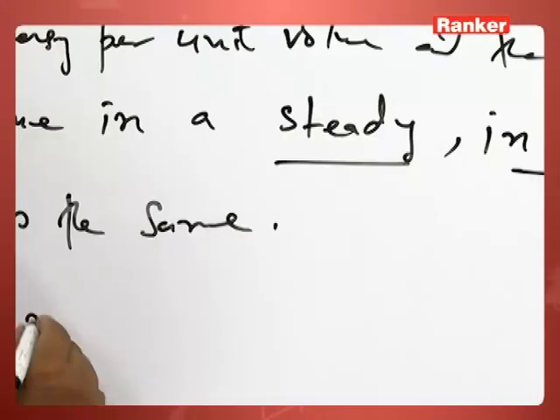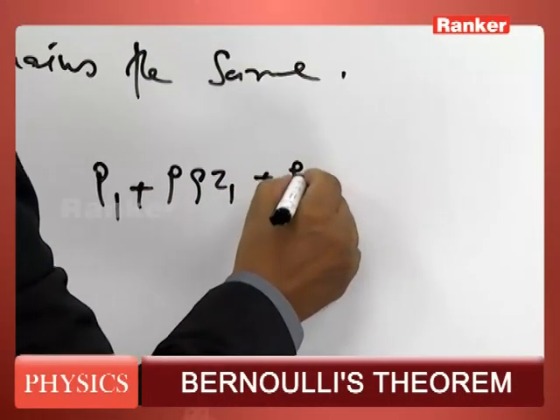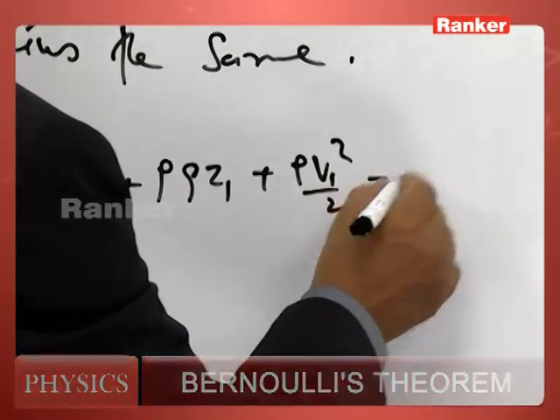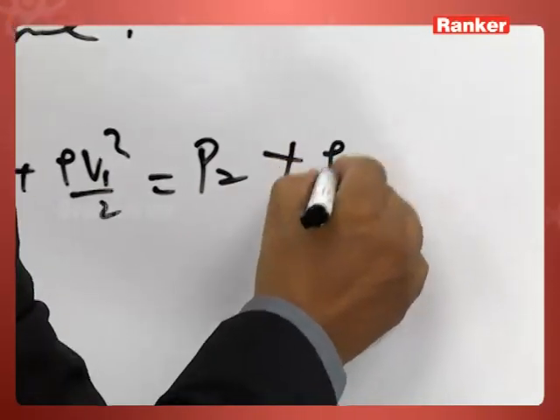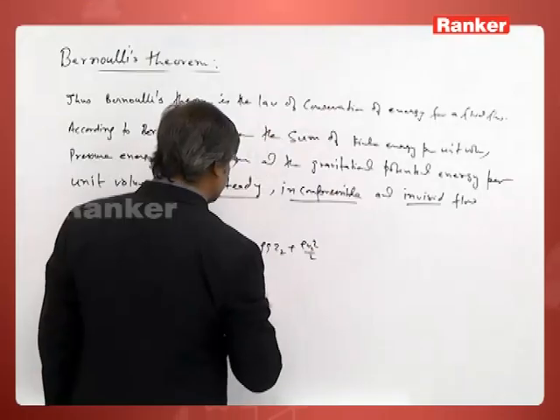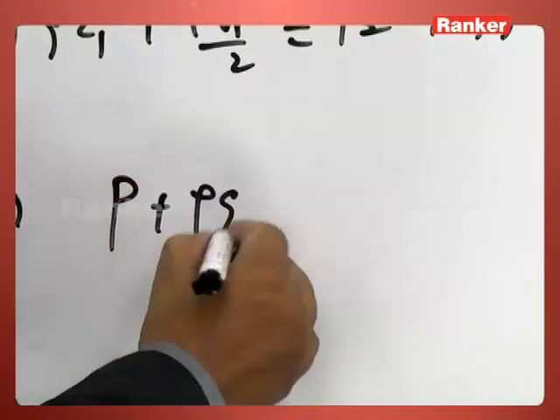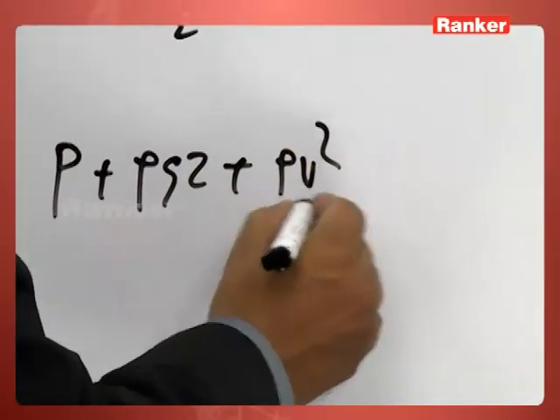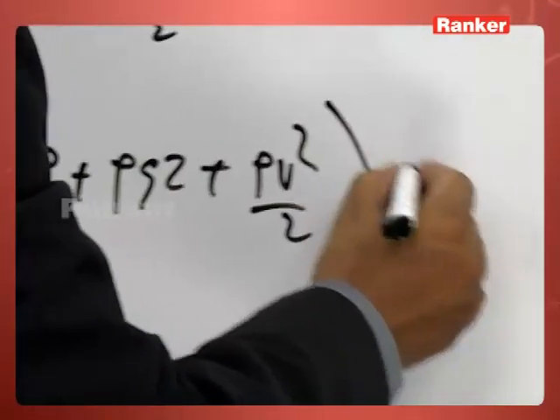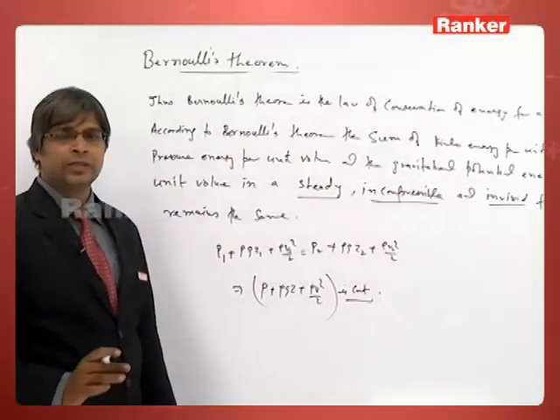So we write P1 plus rho g z1 plus rho v1 square by 2 is equal to P2 plus rho g z2 plus rho v2 square by 2. That means pressure plus rho g z plus rho v square by 2 is constant. This is what Bernoulli's theorem is.